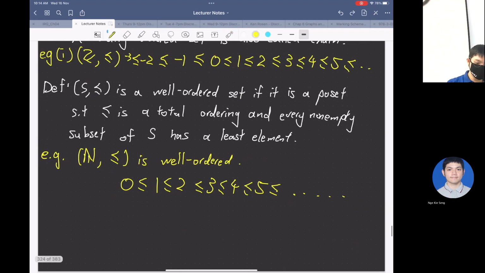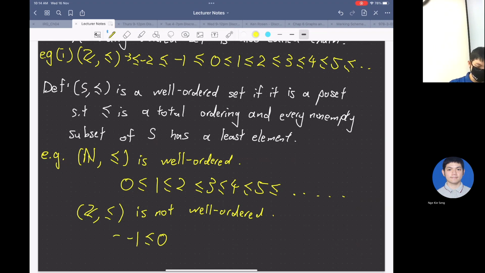But if you look at Z, then it is not well ordered, because you get the chain going forever small. So this is not good.